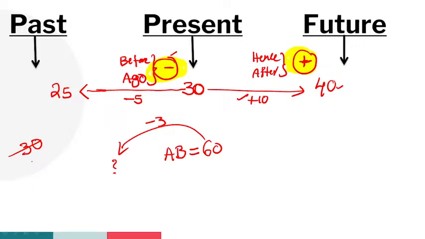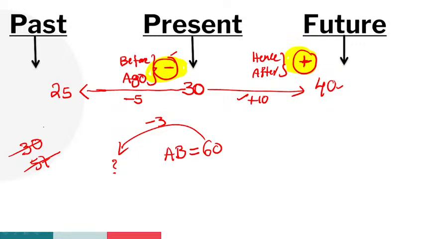Somebody saying 57. Very good, but wrong answer. First, listen to the question carefully. Two persons A and B, the present sum of ages is 60 years. 3 years ago, their ages was how much?